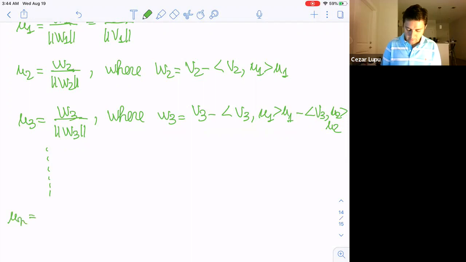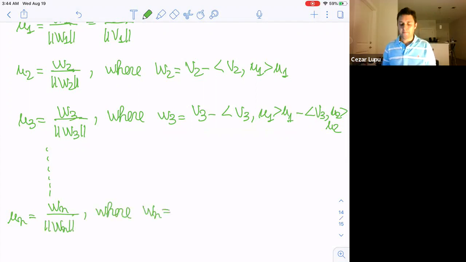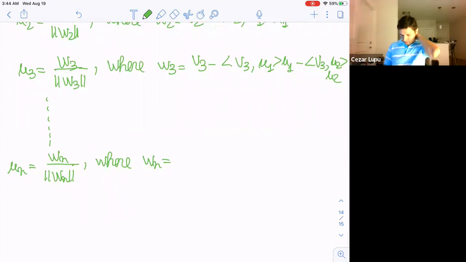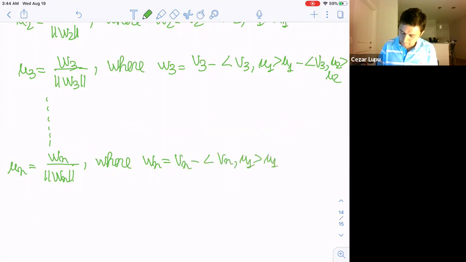Un will be nothing else than just Wn over the length of Wn, where Wn will be Vn minus the inner product of Vn and U1, U1, minus all the way to the inner product between Vn and Un minus 1, Un minus 1.